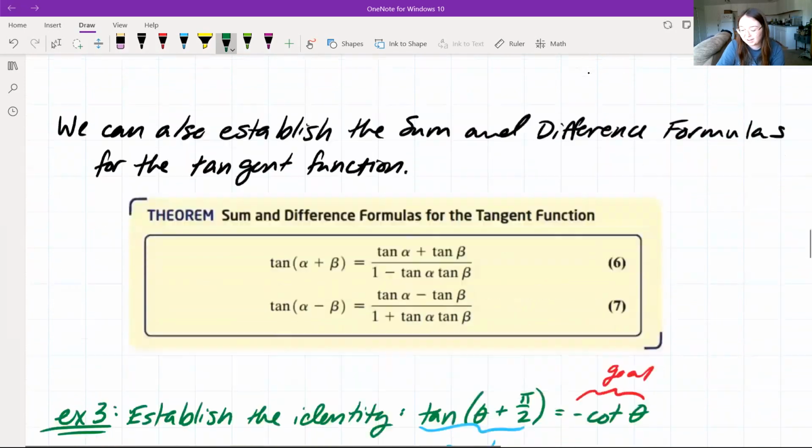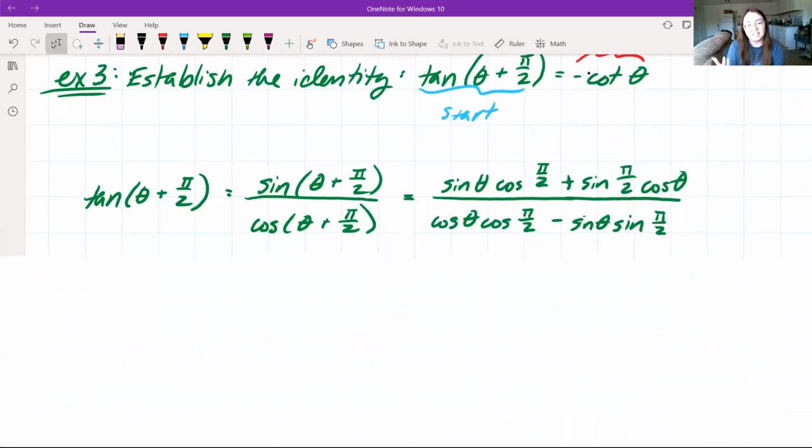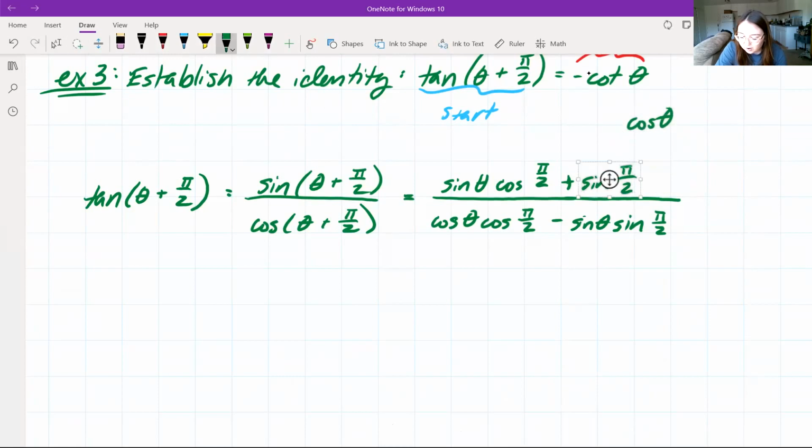But for clarity's sake, let's just keep these in the order that we were given. So we have sine of theta times cosine of pi over 2 plus cosine of theta times sine of pi over 2 divided by cosine of theta times cosine pi over 2 minus sine of theta times sine pi over 2.